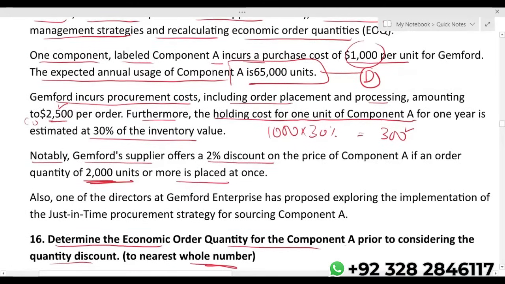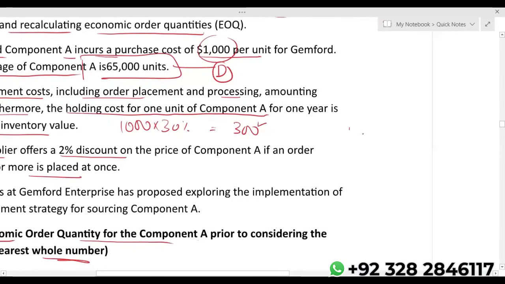Holding cost for 1 unit of component A is estimated at 30% of the inventory value. And we buy that for $1,000. Now try to understand. Now for you, the price is not $1,000. If you're getting a 2% discount, logically for you, it will be 980, and 30% of that. So it means your holding cost will change.